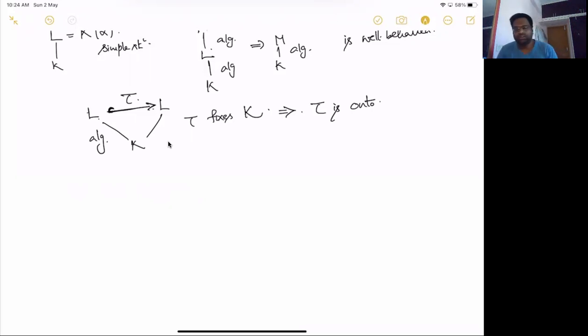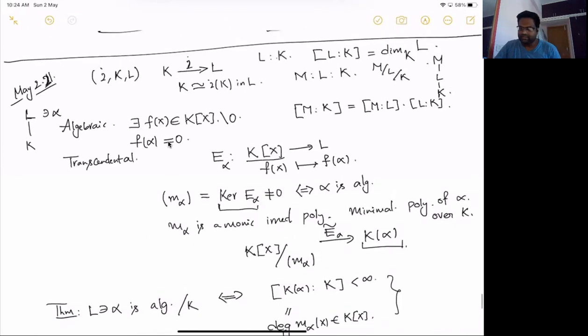Any homomorphism between fields is 1-to-1. The main thing is that L over K must be an algebraic extension. So this is what we had discussed in the last class.